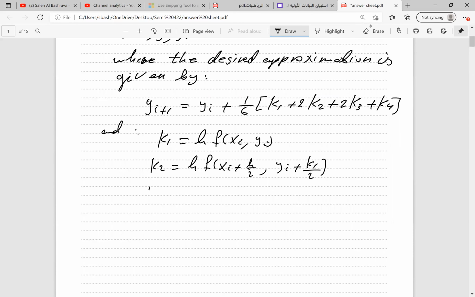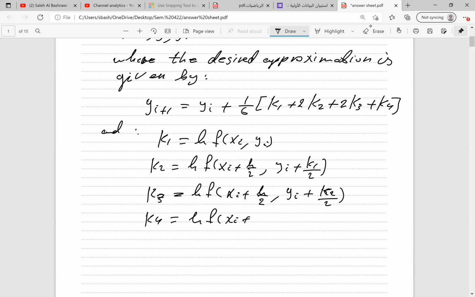So we are using the previous values to find the second approximation. K3 will be h multiplied by f of x i plus h divided by 2 and y i plus k2 divided by 2, and k4 is equal to h multiplied by f of x i plus h, y i plus k3.